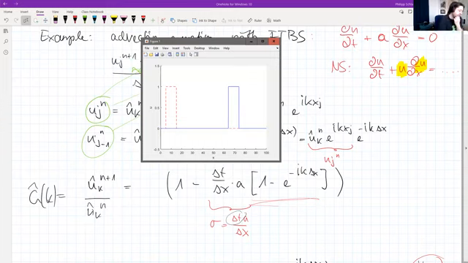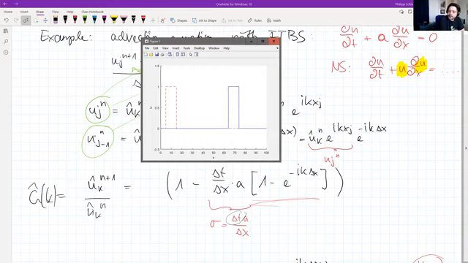Of course, what you would expect here is, because it's an advection equation, you expect this initial condition to start at wherever it starts, and then just to move in the positive x direction. And of course, that's what it does. If I play that again, this is for the exact solution. It just starts here and travels in the positive direction.